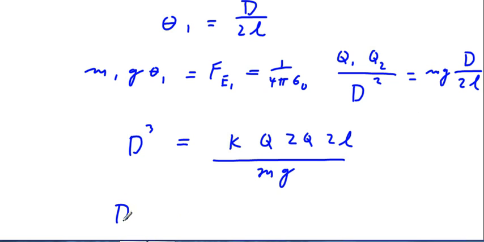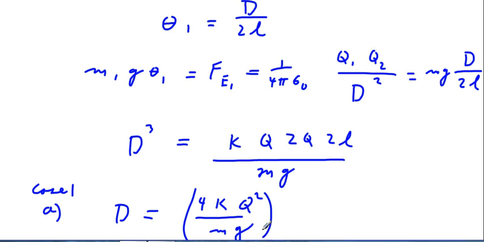And we'll say the distance between these guys for case 1, the A problem, is going to be 4kQ squared L over mg, and then we'll take the cube root of it.